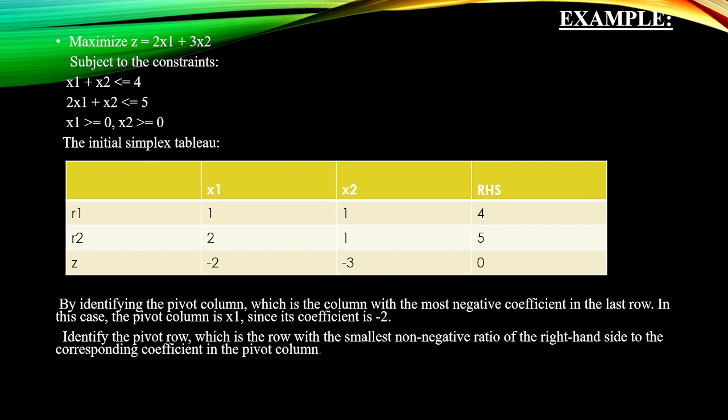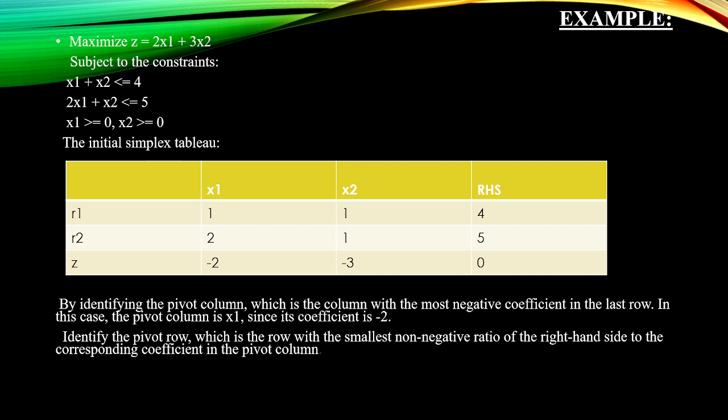We take the coefficients of constraints as these rows and RHS values at the right side and coefficients of the objective function at the bottom. By identifying the pivot column, which is the column with the most negative coefficient in the last row, in this case the pivot column is x1 since its coefficient is -2.